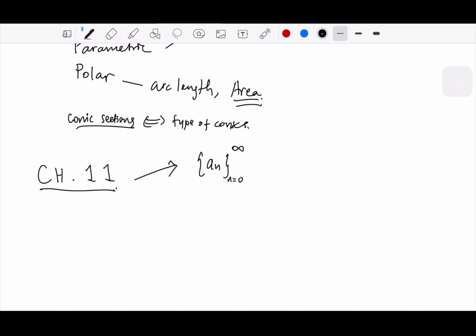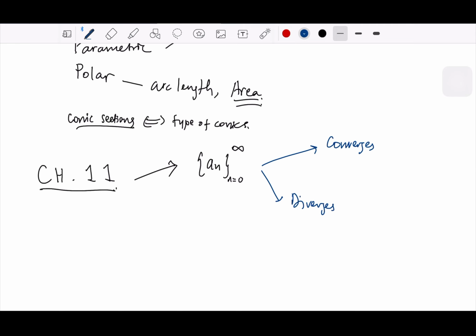From the sequence, we know that it can converge or diverge. To determine convergence or divergence, we use the limit.